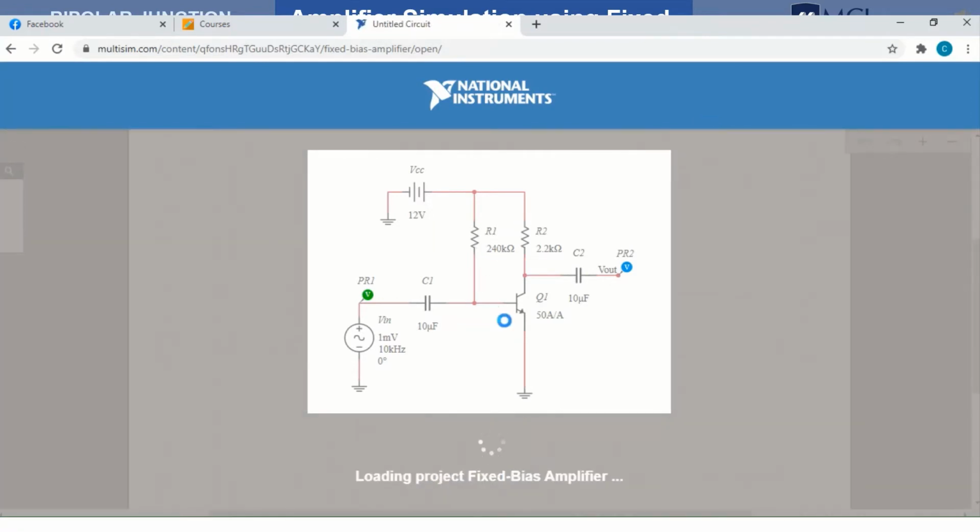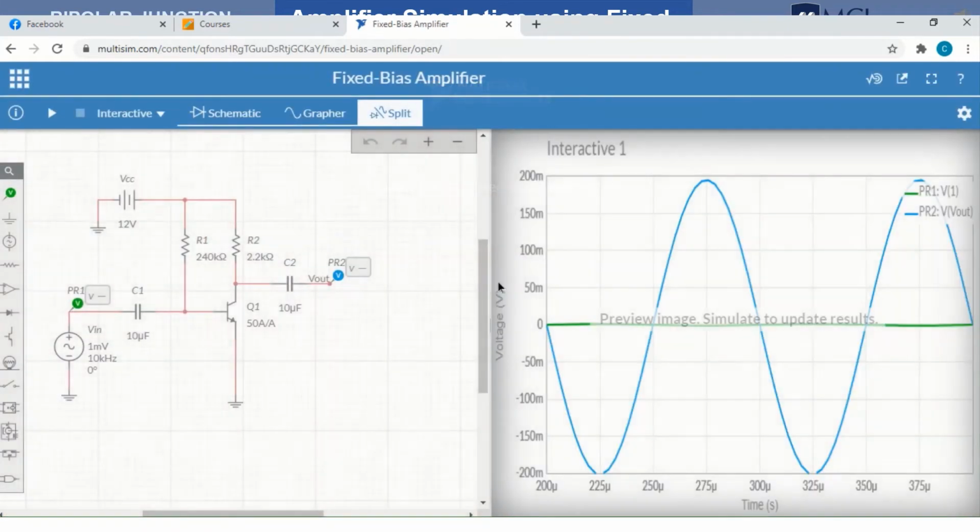So this is the same circuit that I showed earlier, and this is the bias voltage, the source that provides the bias.